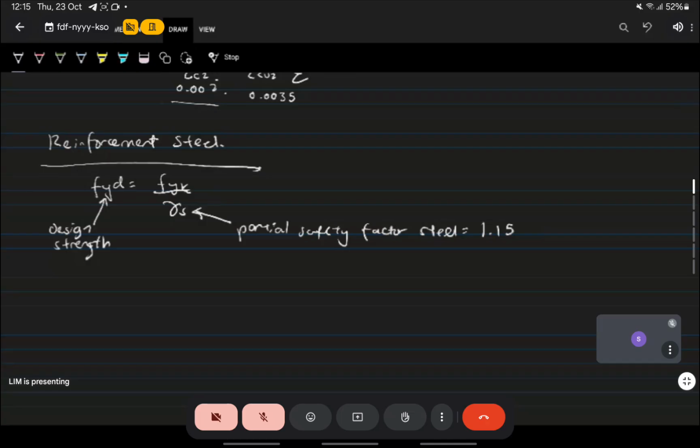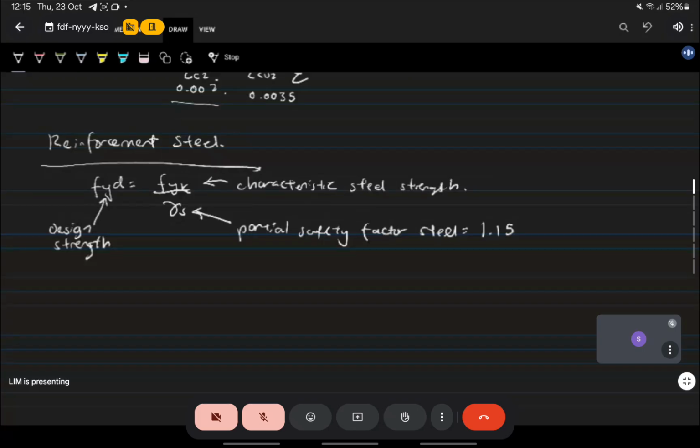Fyk is the characteristic steel strength. So that's the relationship between your characteristic steel strength and your design strength.